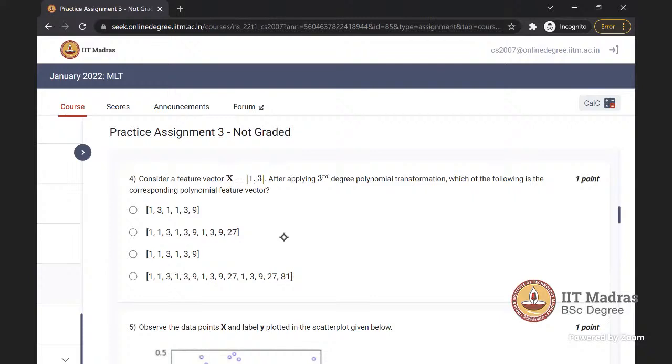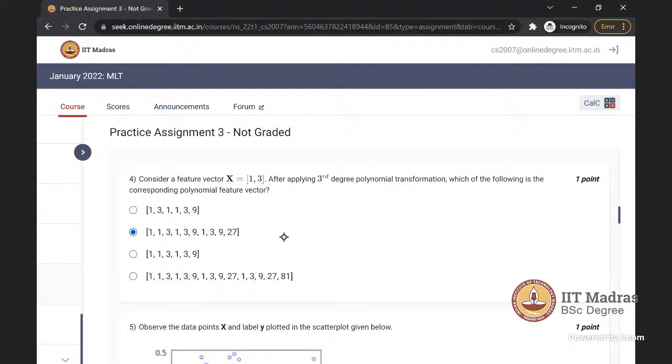Then 1 square, 1 into 3, and 3 square, that is degree 2. Then 1 cube, 3 cube, 1 square into 3, and 1 into 3 square. Absolutely right. So that fits option 2. You're absolutely right. Option 2 is the right answer.